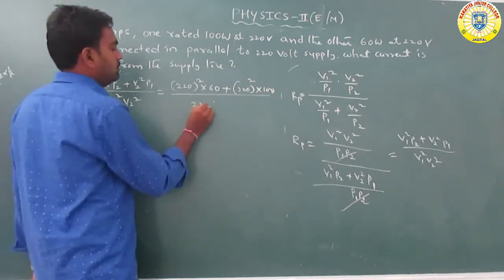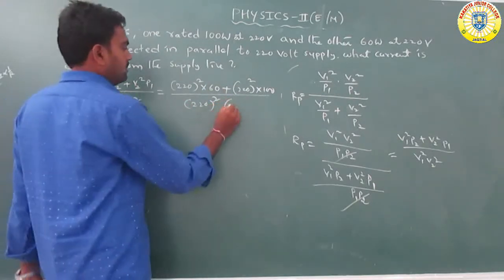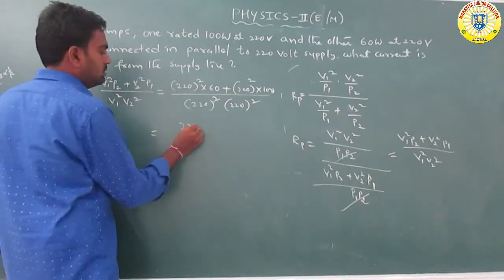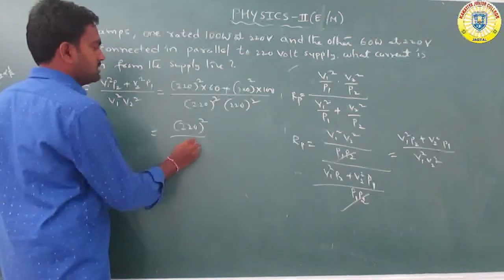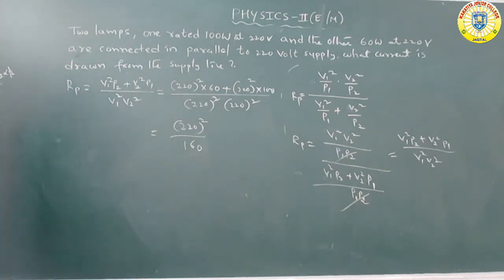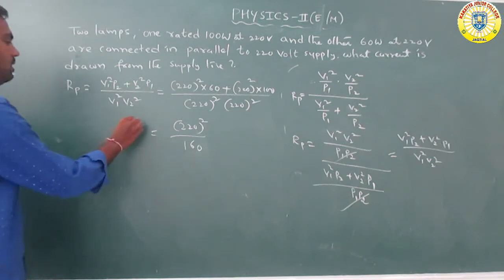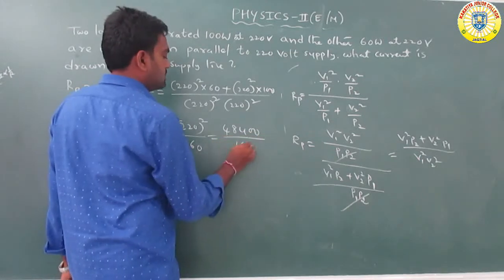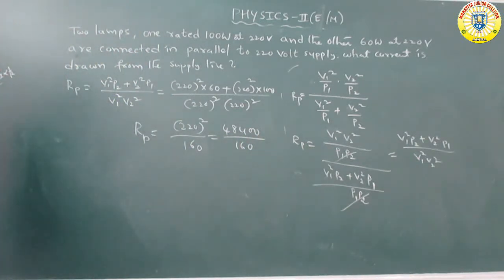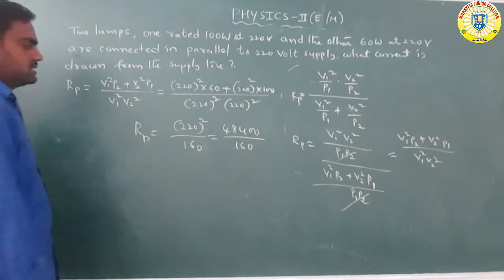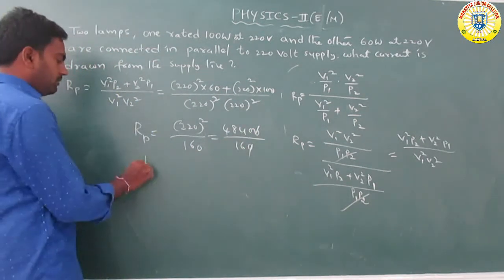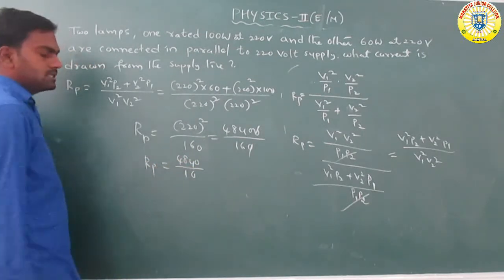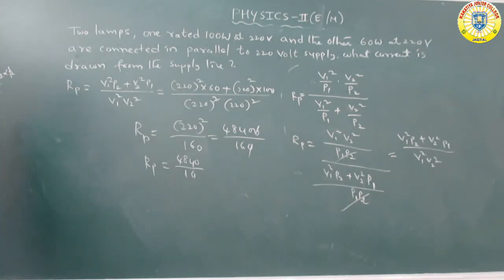So V1 square is 220 square and V2 square is 220 square. On simplification we get 220 square by 160, since 100 plus 60 is 160. So RP is equal to 48,400 by 160. The zeros are cancelled, so RP is equal to 484 by 16. This is the total resistance in the parallel combination.